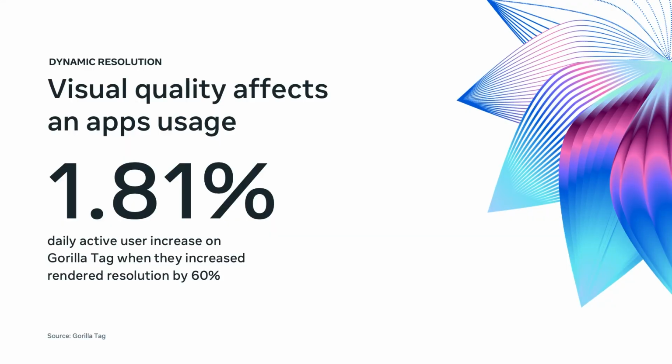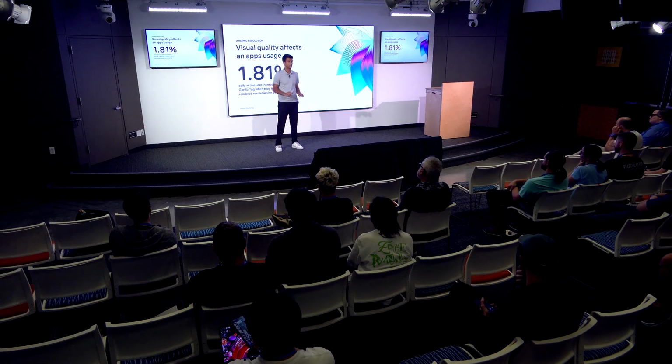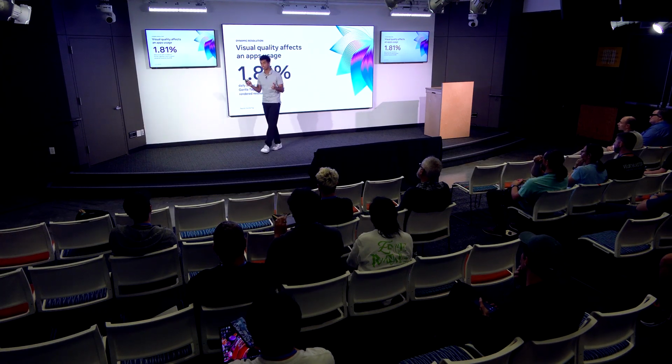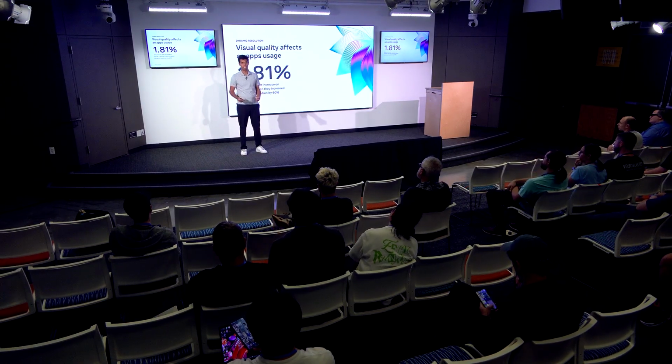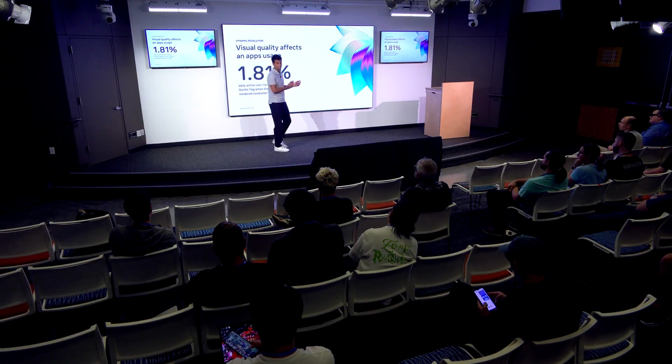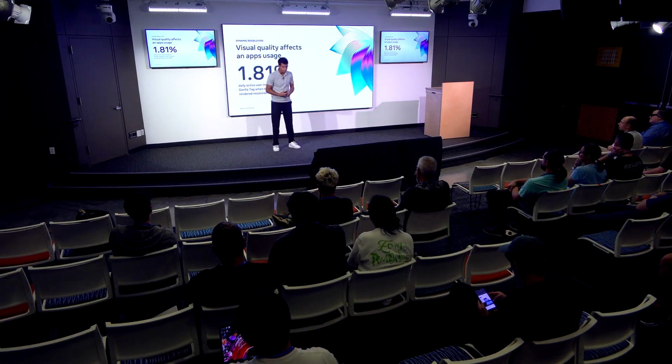We found that visual quality did indeed affect Gorilla Tag's usage, because in the 50% of all users in our experiment who had higher resolution, in this case 60% more pixels, that cohort of users had 1.81% more daily active users. So this was an unassailable statistical conclusion that upping the visual fidelity of Gorilla Tag did actually increase the user time spent and the daily active users of Gorilla Tag.